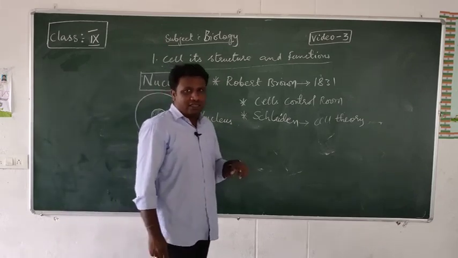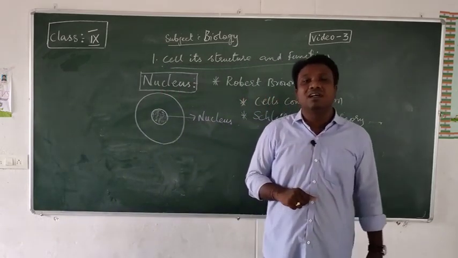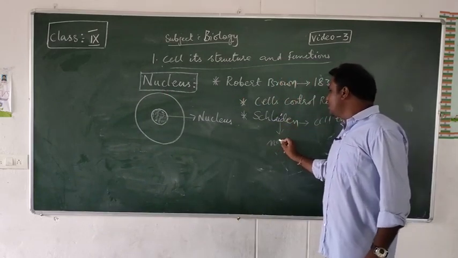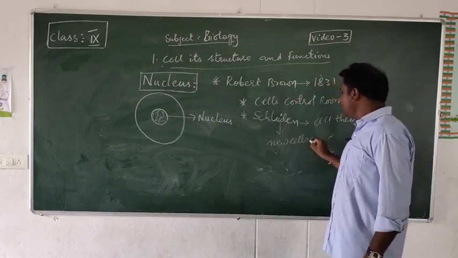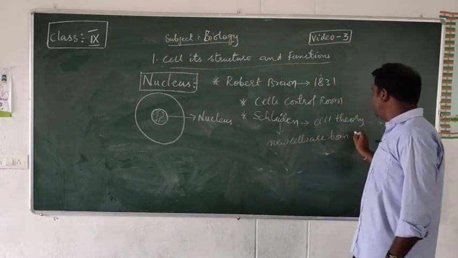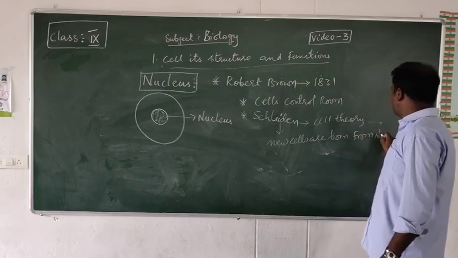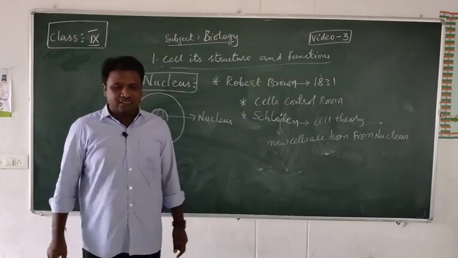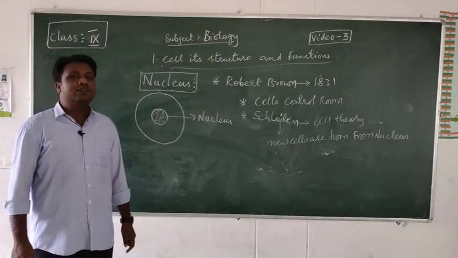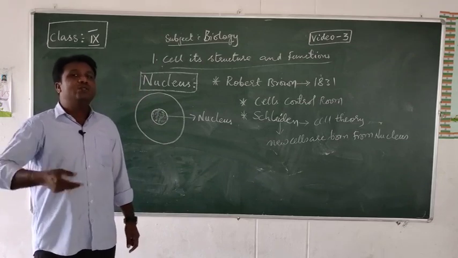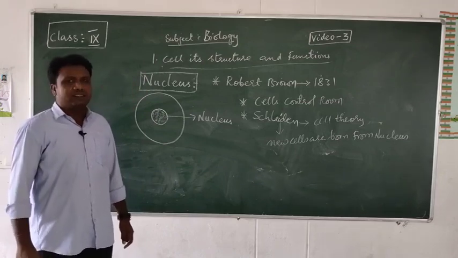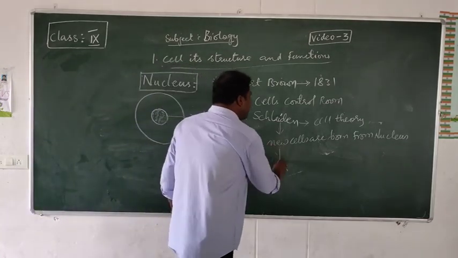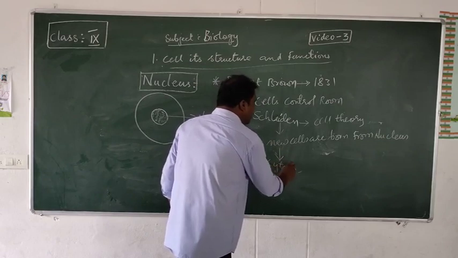He thought that new cells are born from the nucleus. Who? Schleiden. Schleiden proposed a cell theory and thought that new cells are born from a nucleus, and he called the nucleus the cytoblast.